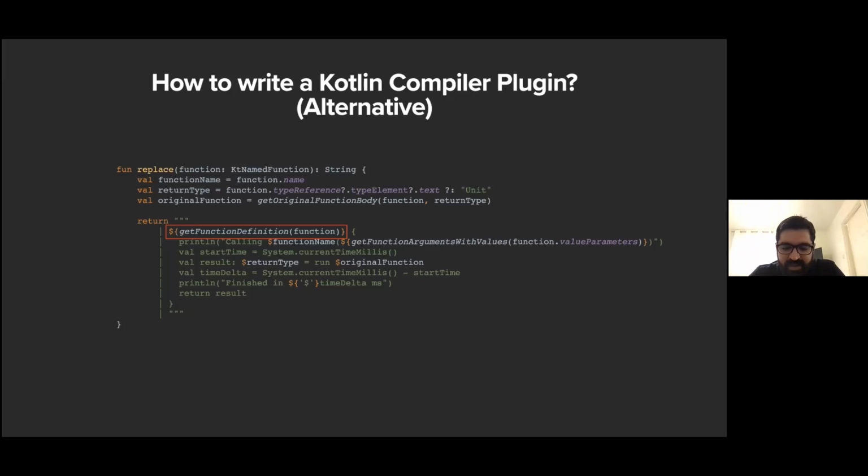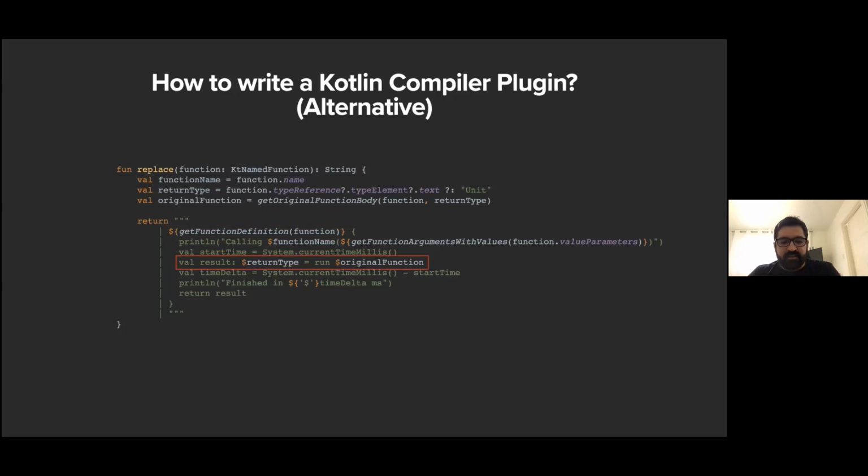And then we add our code, we add the log that we want to show. We get the start time, and then here we can call the original function body and store it in a variable named result.